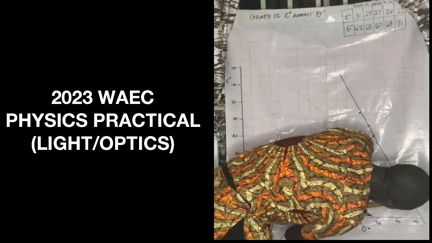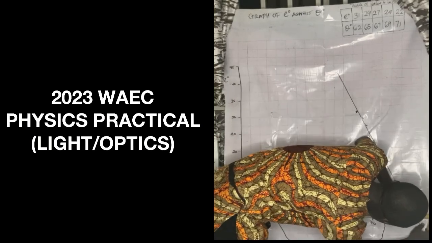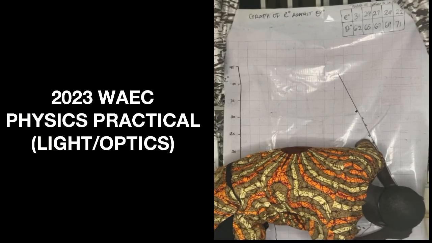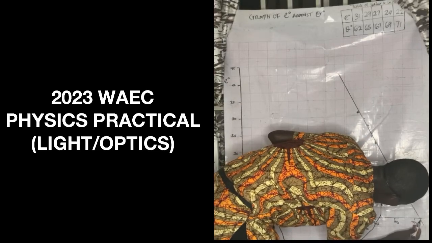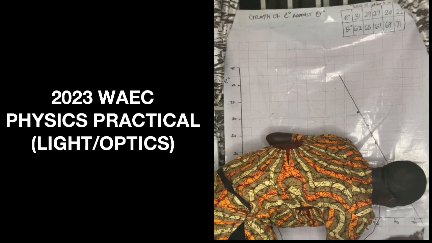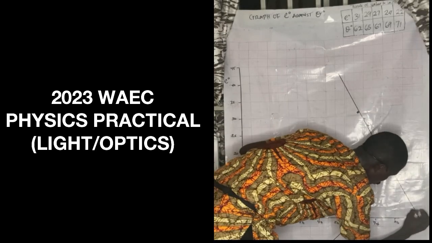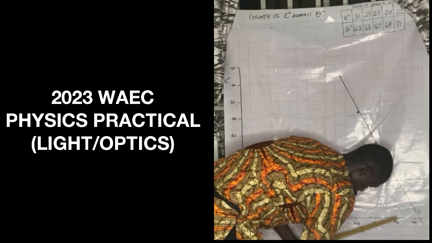So now this is your intercept here. We have it at 91, 92, then 92.5 as your intercept.